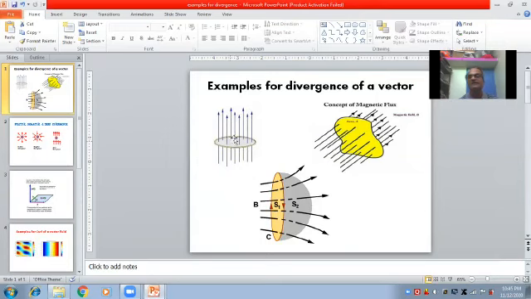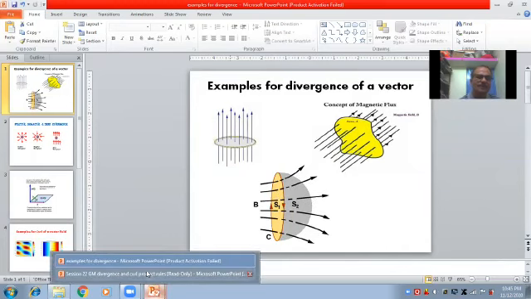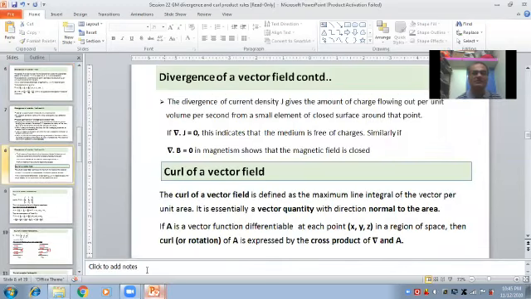So your divergence is zero. Here also the divergence is zero, but here we can see the flux lines are diverging out from the surface. And that's all about divergence. And next we'll come to another physical quantity.